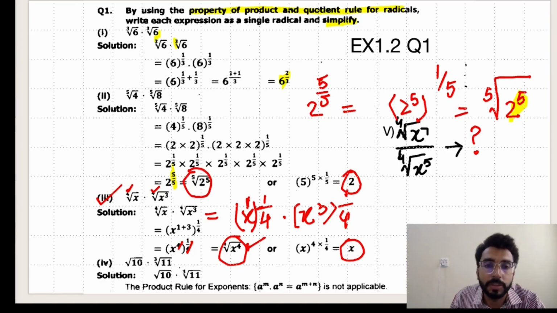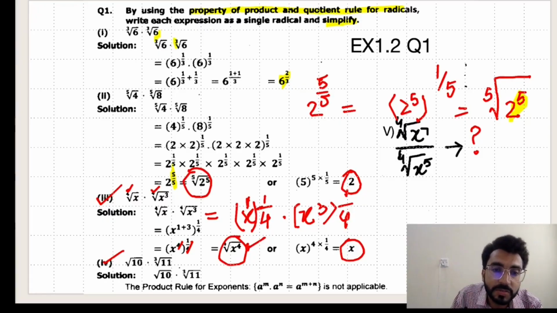Now move to question number 4, part 4, question 1. Now students, tell me in this question whether the indices are same or not. Let's look. First, square root of 10. What is the index of this?